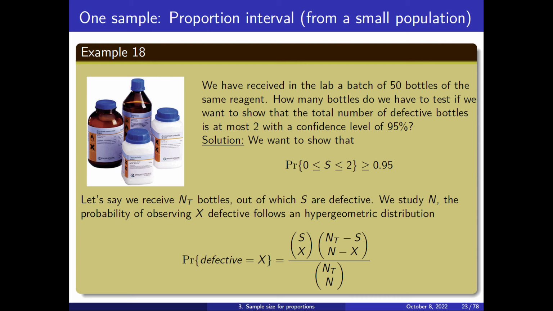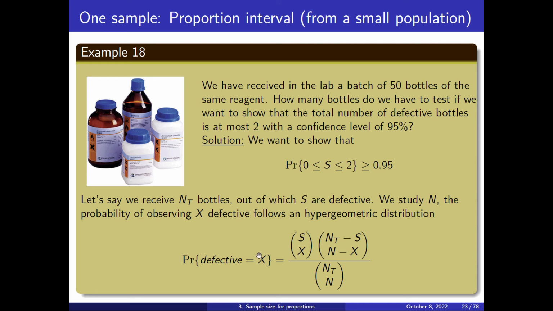So what we want to construct is a confidence interval such that the probability of this is larger than 95%. Let's say that we receive N bottles, out of which S are defective, and we want to study N. The probability of observing X defective bottles follows a hypergeometric distribution.